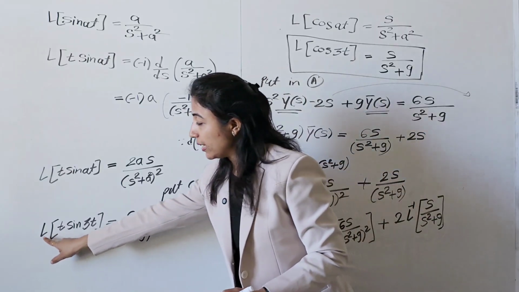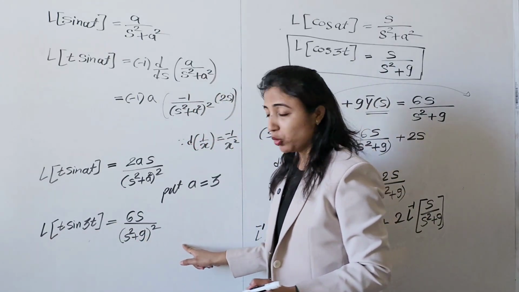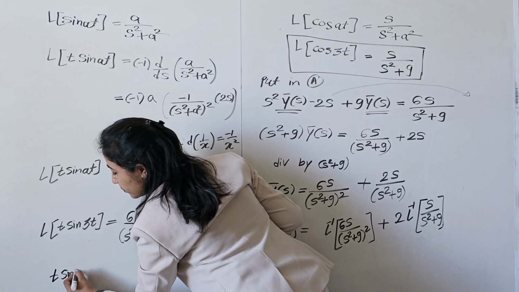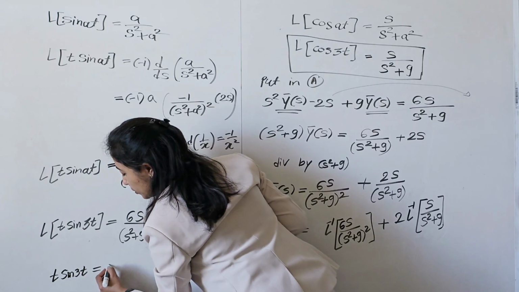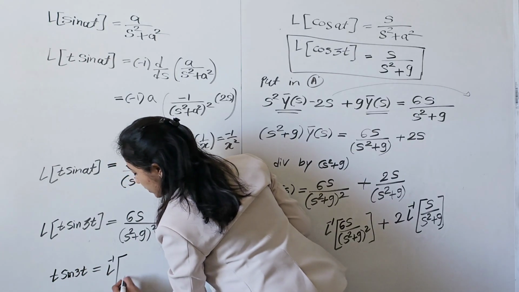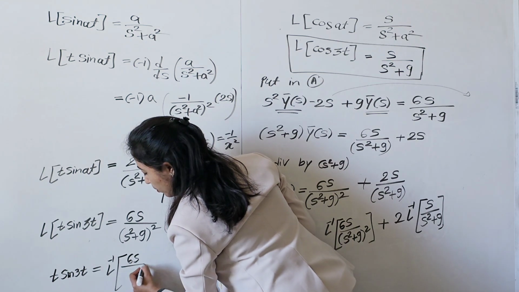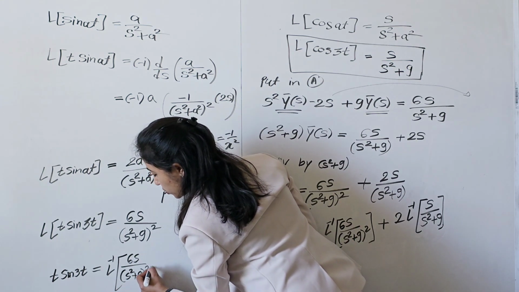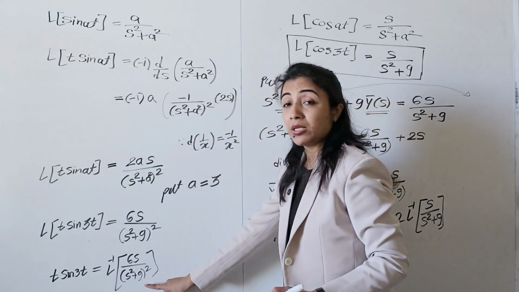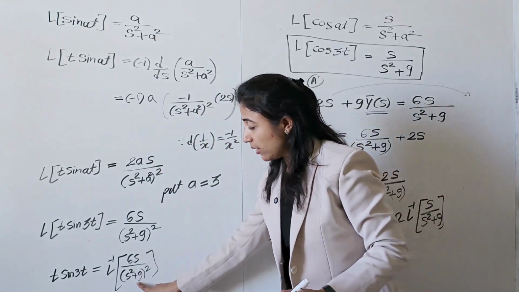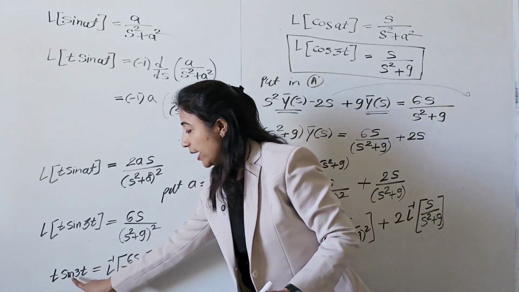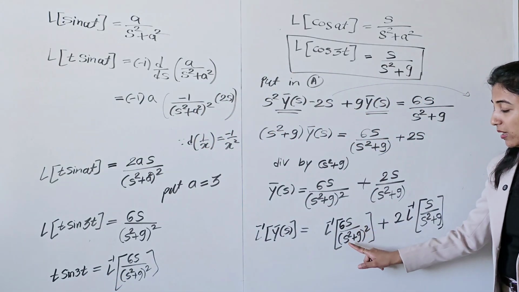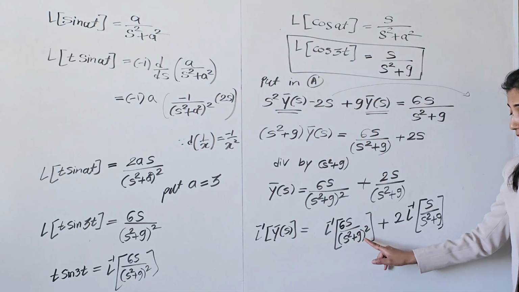Now if we apply the Laplace inverse on both sides, you will get t into sin 3t equal to Laplace inverse of 6s upon (s square plus 9) whole square. That means the Laplace inverse of this term is nothing but t into sin 3t. So here is the same term, 6s upon (s square plus 9) whole square.